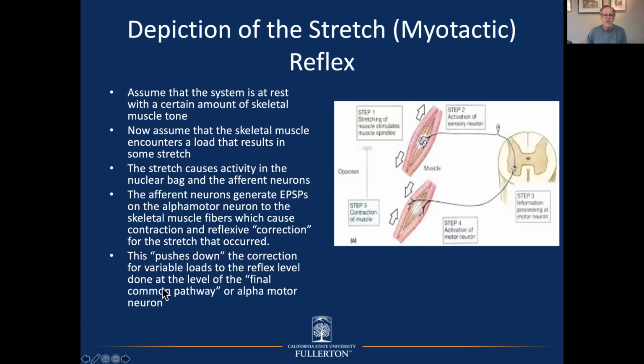So basically, this now shows what I just said. Assume that the system is at rest with a certain amount of skeletal muscle tone. Now assume that the skeletal muscle encounters a load that results in some stretch. The stretch causes activity in the nuclear bag here, and the afferent neuron here.